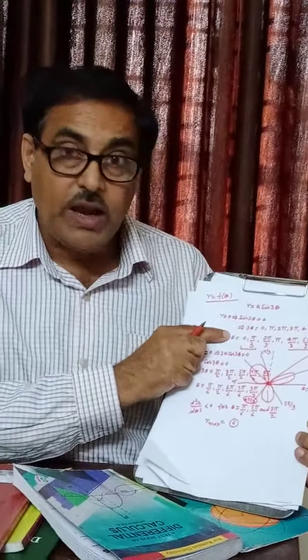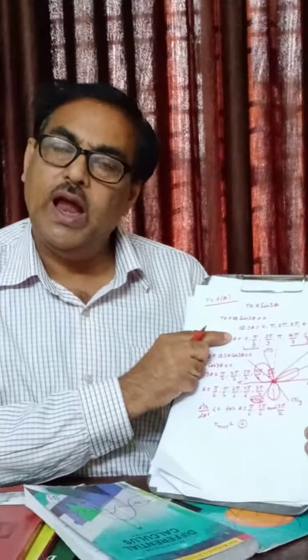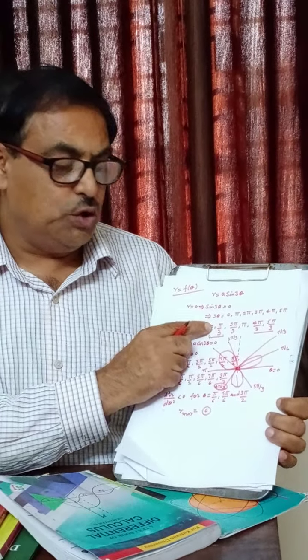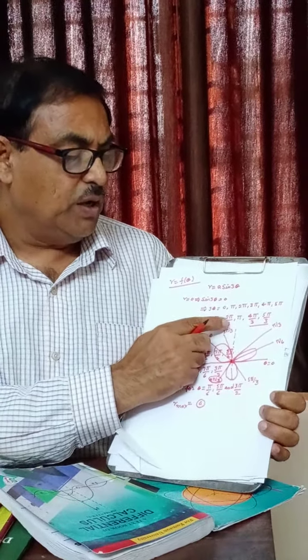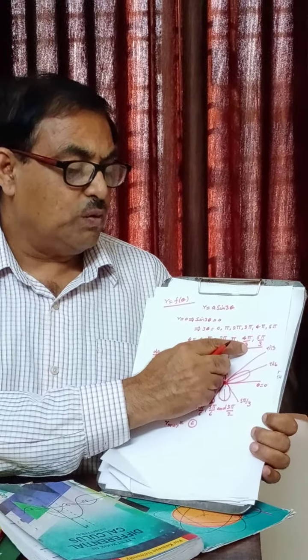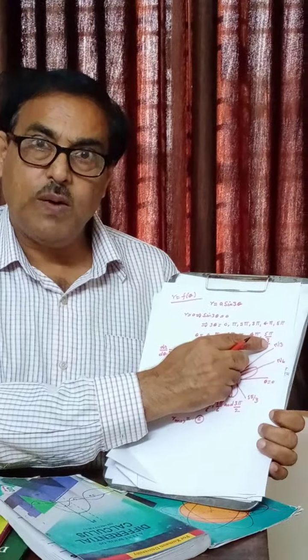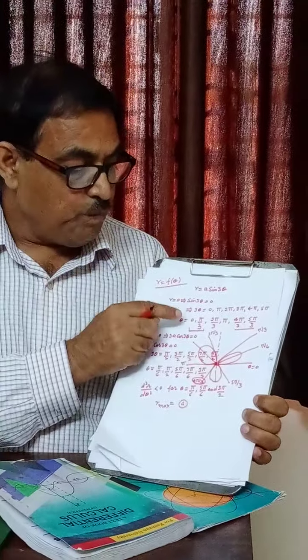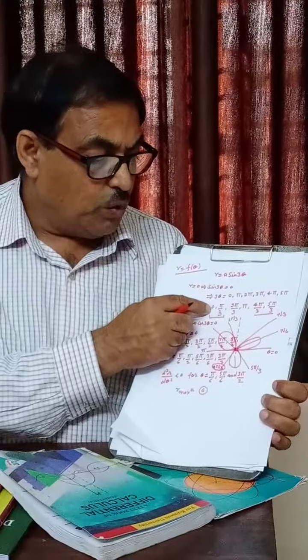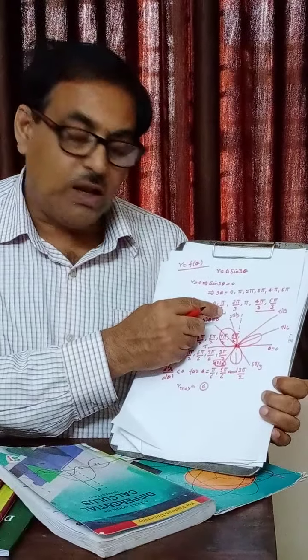Clearly, these lines are tangents at the pole. The tangents at the pole are theta equal to 0, pi by 3, 2 pi by 3, pi, 4 pi by 3 and 5 pi by 3. Also we see that at theta equal to 0, r is 0, and at pi by 3, r is also 0.